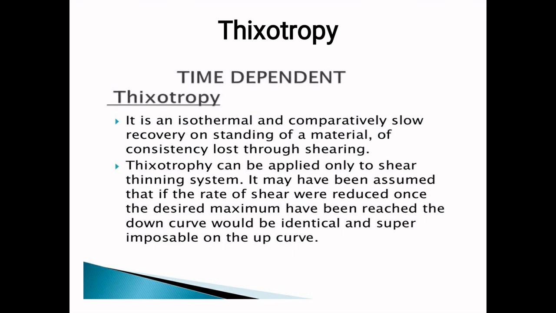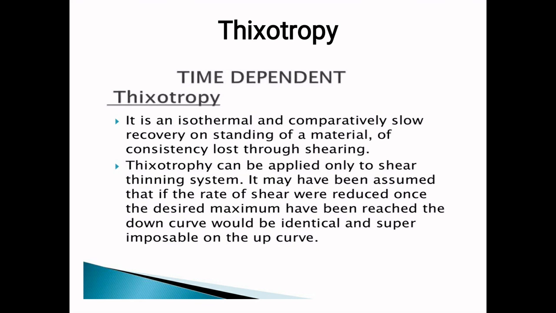So thixotropy is time dependent. It is an isothermal, comparatively slow recovery on standing of a material of consistency lost through shearing. Thixotropy can be applied only to a shear thinning system.